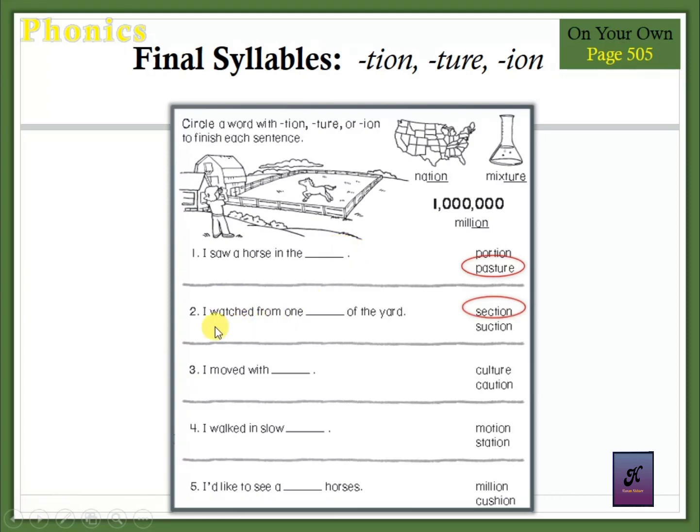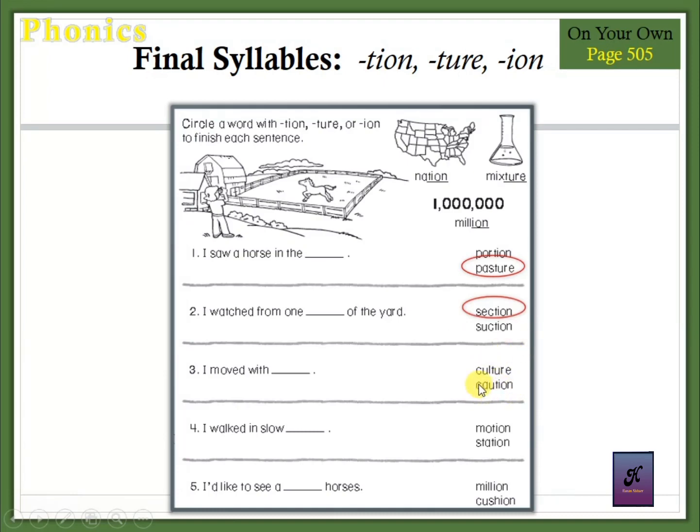Excellent. Number two, I watched from one of the yard. One section or section? It's going to be section. Excellent. For number three, I moved with culture or caution. Culture means the tradition of a group of people, or a tradition of one race or nationality.